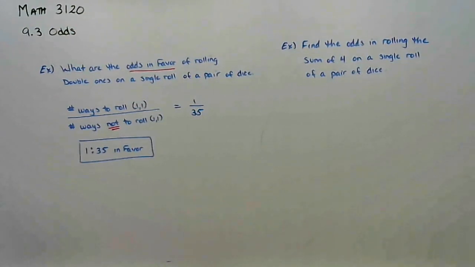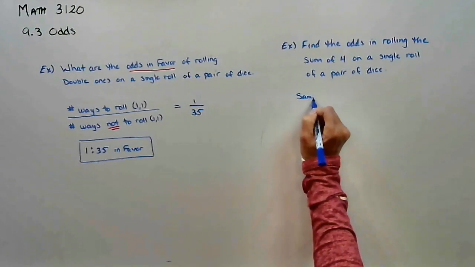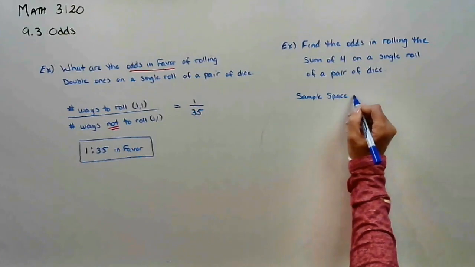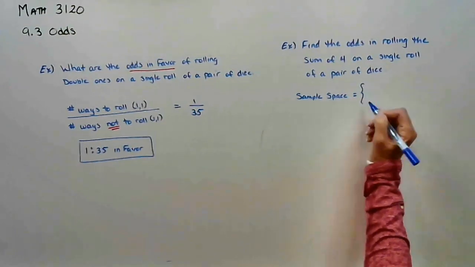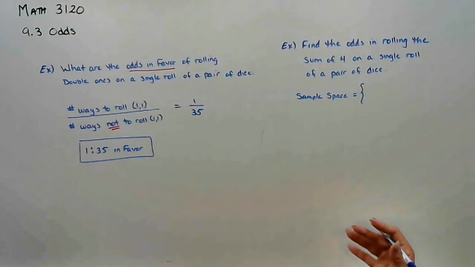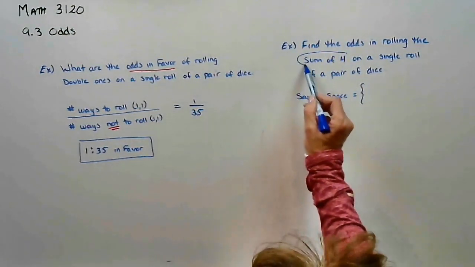So I'm first going to come up with the sample space. I first want to come up with the event. I like writing that down. If you have that piece of paper with all the possible ways of rolling 2 dice, we're looking for a sum of 4.